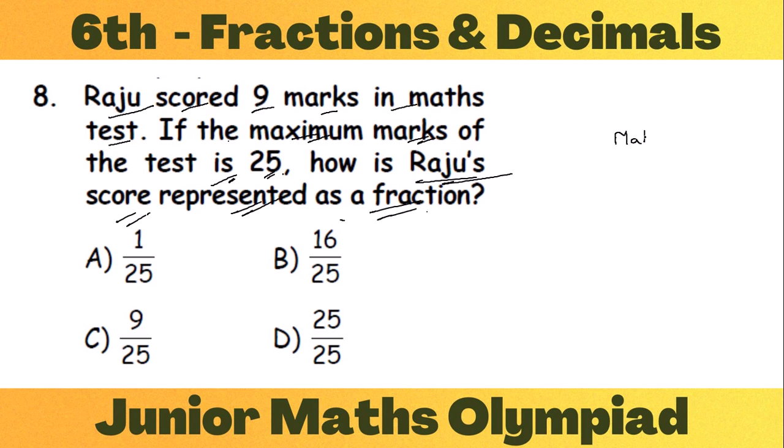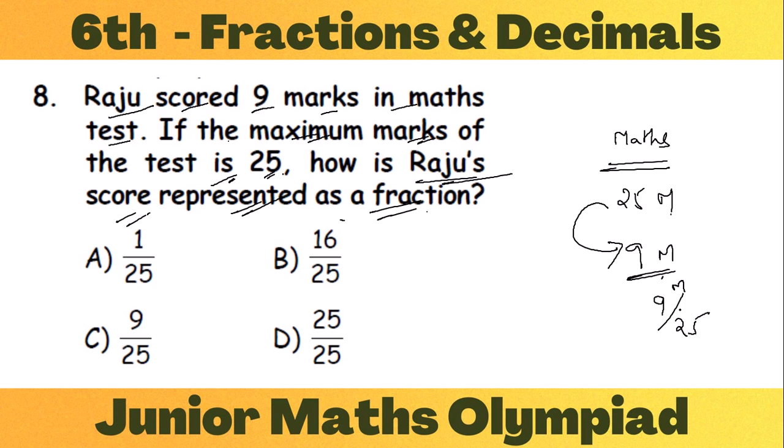They have conducted a maths test which is for 25 marks, out of which Raju has secured only 9 marks. So this can be represented as a fraction as 9 by 25. Means 9 marks out of 25 marks he got. So 9 by 25 is the correct answer. Option C is right.